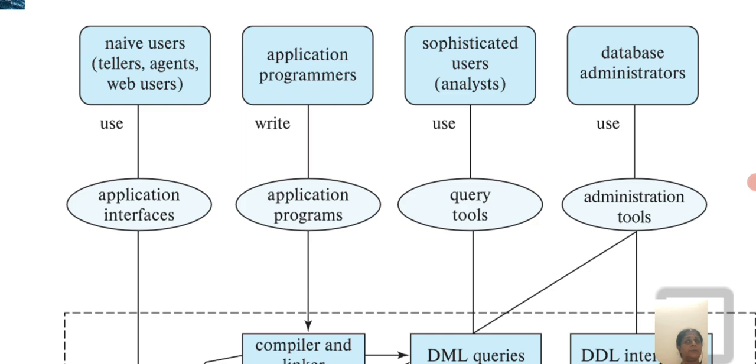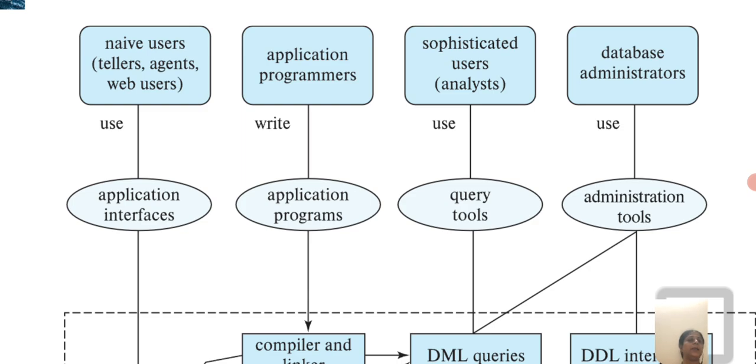And the application programmers write the data, because they write the application programs. And coming to the analysts, they are also going to use the data but for analytic purposes, not for just using. If that is the case, they come under sophisticated users called the analysts.